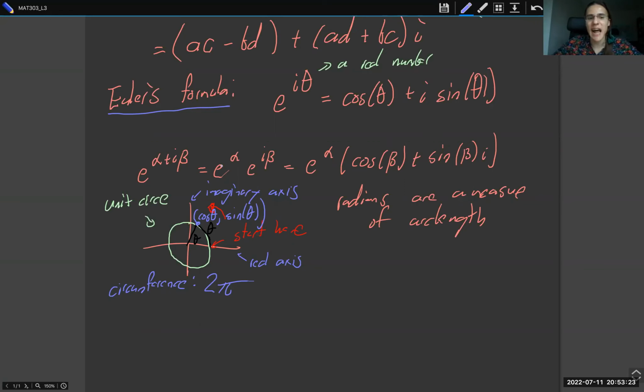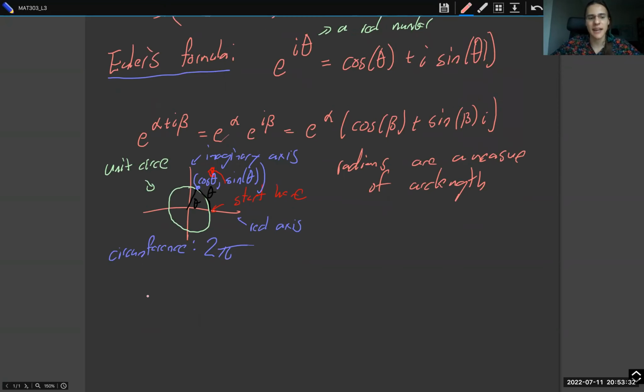So if you have a number like this, that represents a thing on the unit circle, and then the e to the alpha represents a magnitude. So the e to the alpha changes the unit circle to some general form. So in general, if z is a complex number, and the complex numbers are written as C, then z can be represented as r times e to the i theta, where theta is defined up to 2 pi, because cosine and sine theta are defined up to 2 pi.